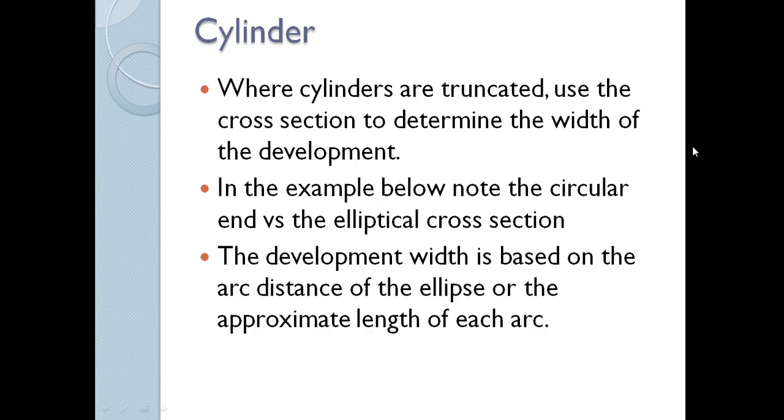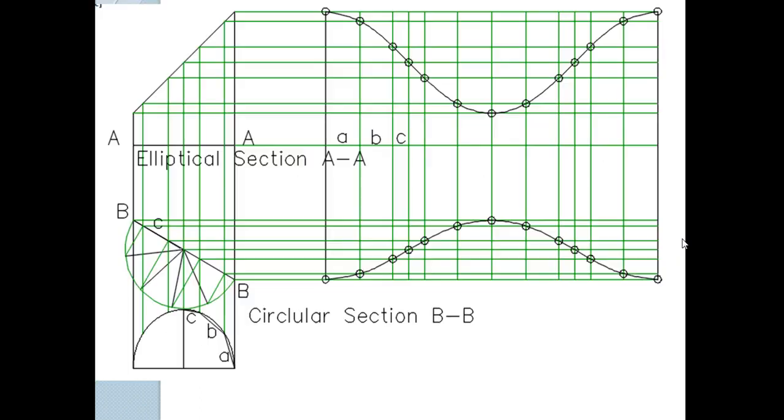Where cylinders are truncated, use the cross-section to determine the width of the development. In the example, you will notice the circular end versus the elliptical cross-section. Development width is based on the arc distance of the ellipse or the approximate length of each arc. So this end has a circular cross-section here. The center cross-section, however, is an ellipse, as you can see on the base here.